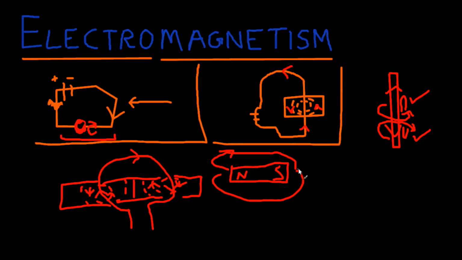The same way, if you're looking at this face of the coil from the screen point of view, and the current is going in the clockwise direction, which it is over here, you can see the arrows, then this face can be considered the south face. If it's going anti-clockwise, if you look at this from the other side, it'll be north. So just remember, clockwise is south, anti-clockwise is north, and this will come in use later in the chapter as well.